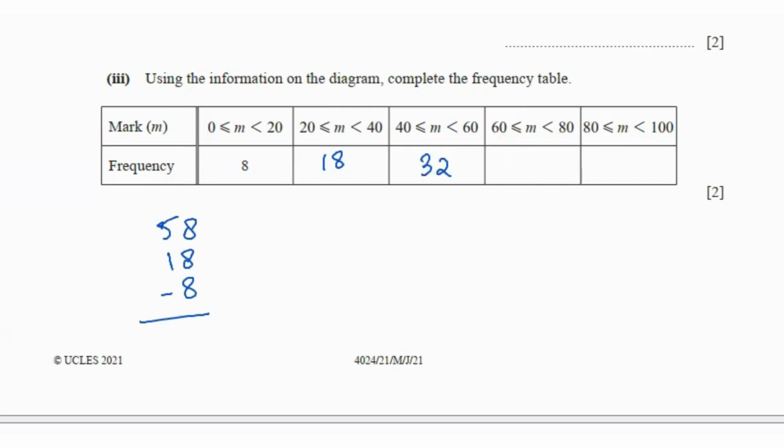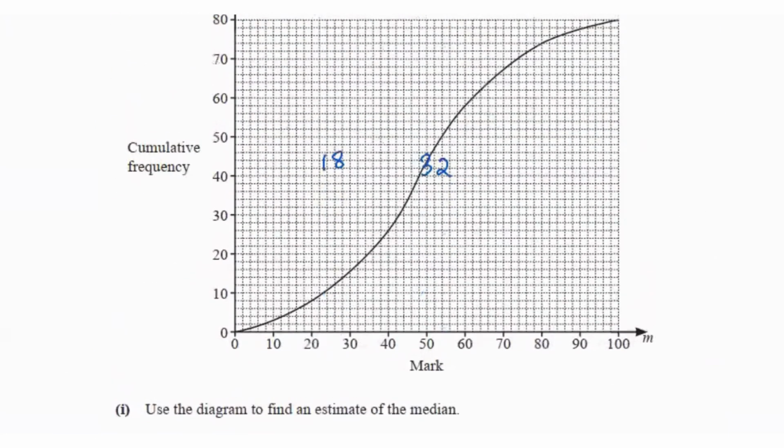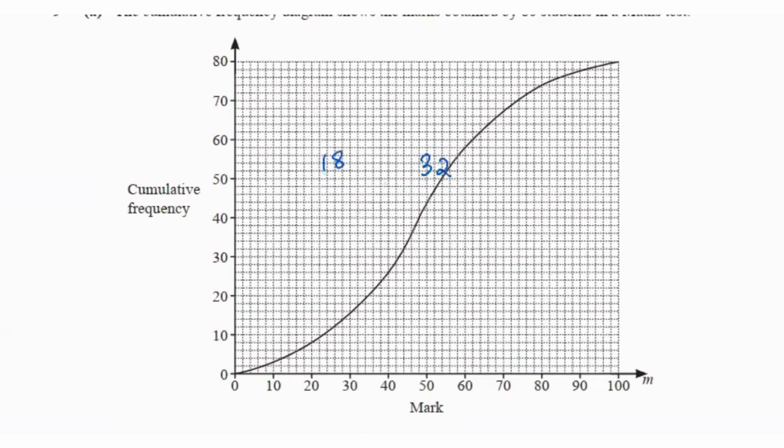Then we repeat the same step again. We're going to find the cumulative frequency at 80. We go from here. That is 74.